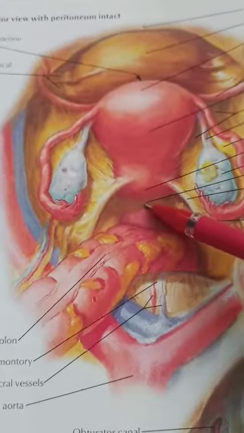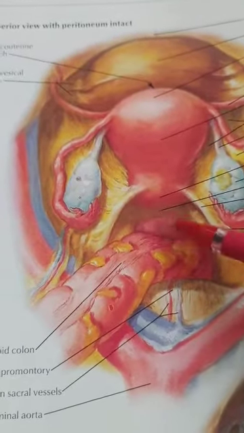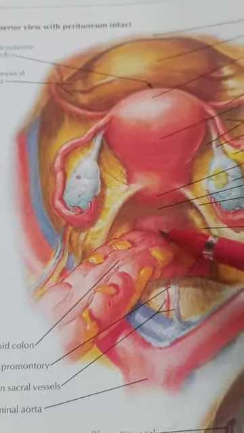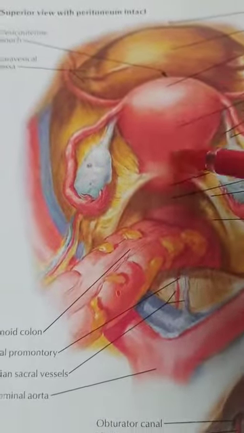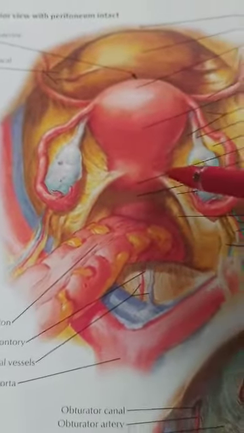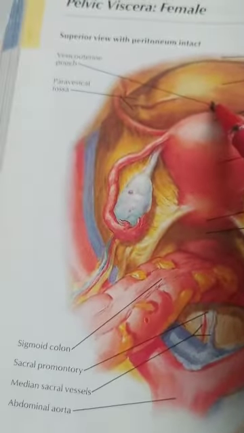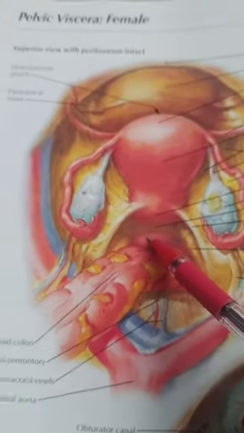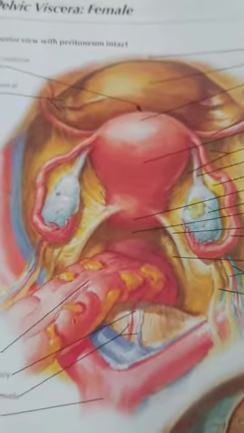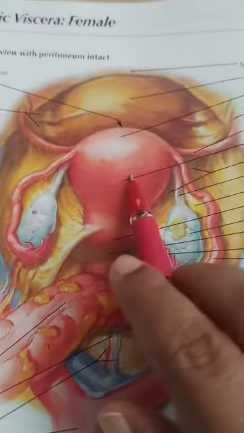Like that, one more pouch can be seen, known as the recto-uterine pouch. So two pouches can be seen in relation to the body of the uterus.